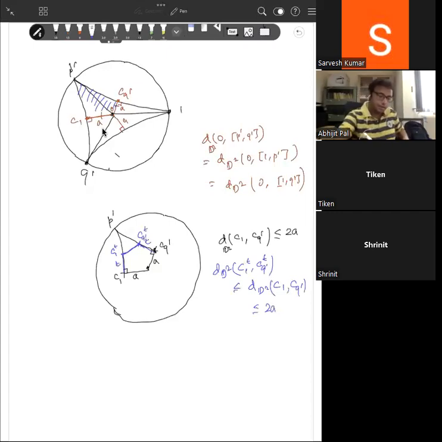This is the meaning of this triangle being thin.